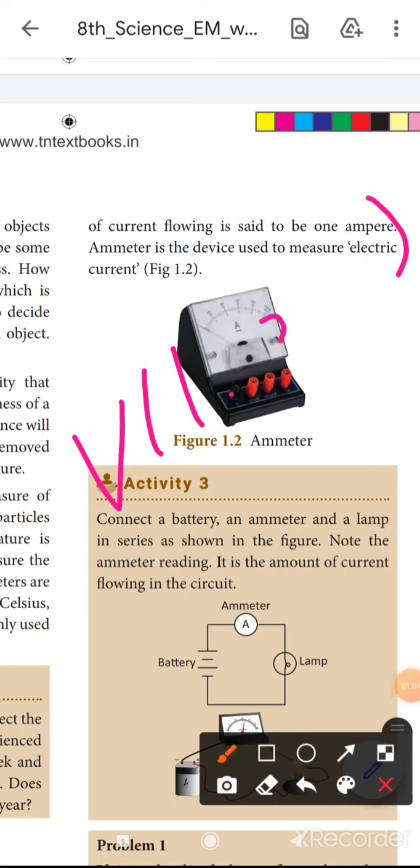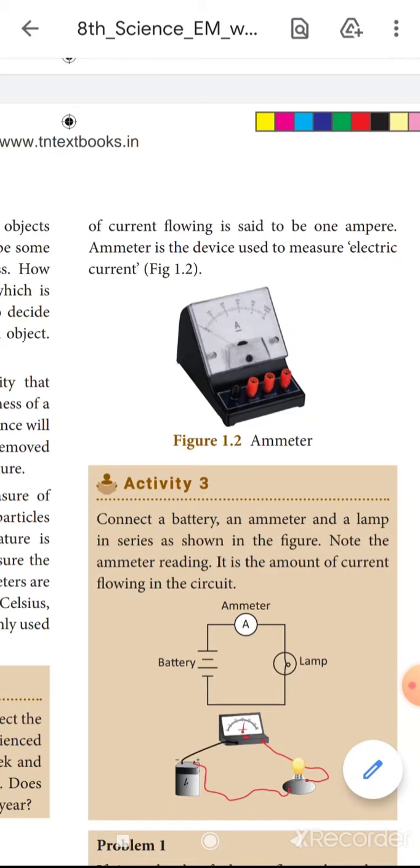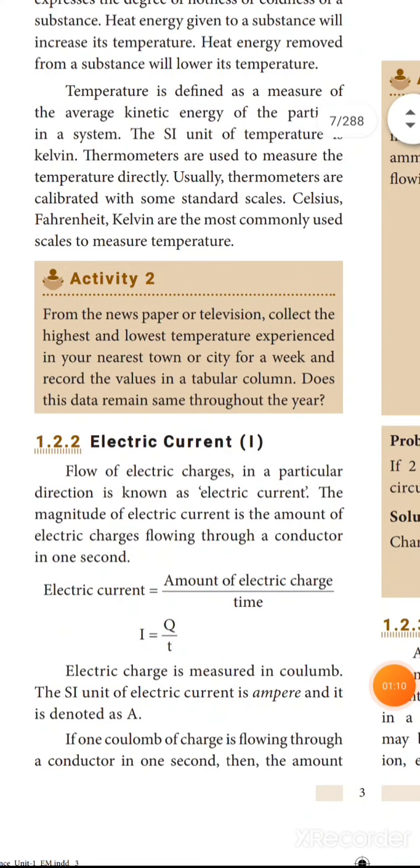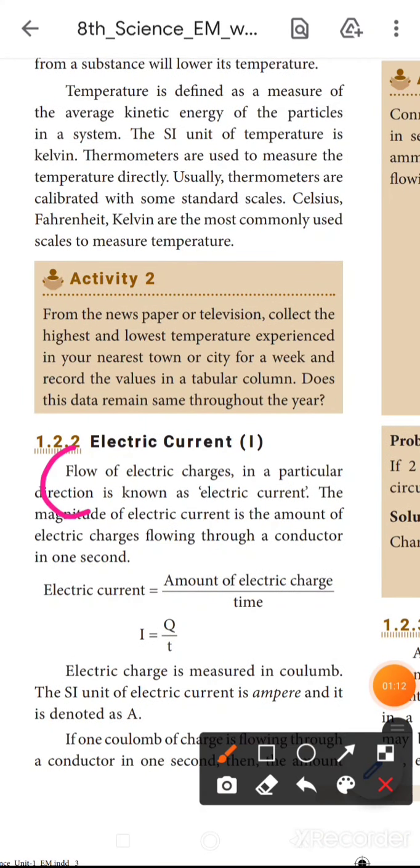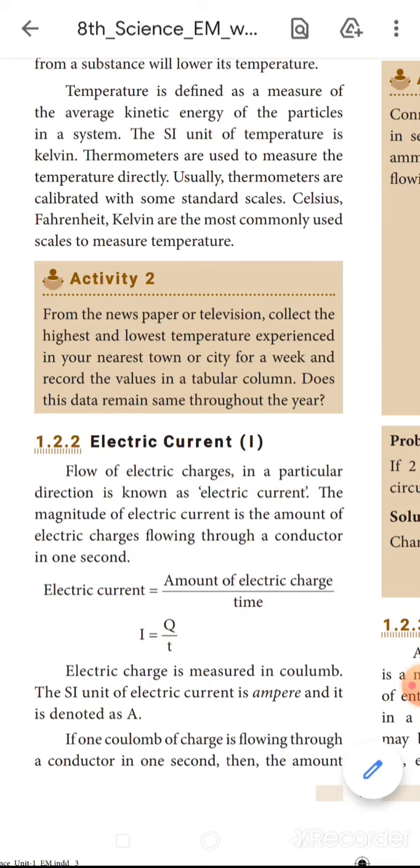7th Roman, third question: what is electric current? Page number 4. This fully. 7th Roman, 4th question. The next, 5th question: what do you mean by luminous intensity?